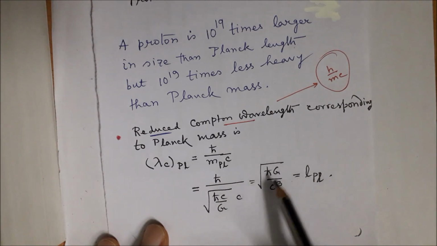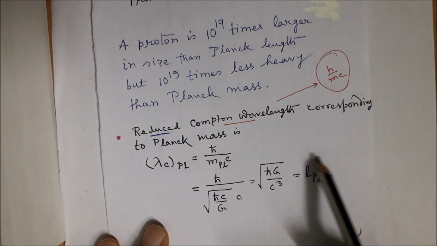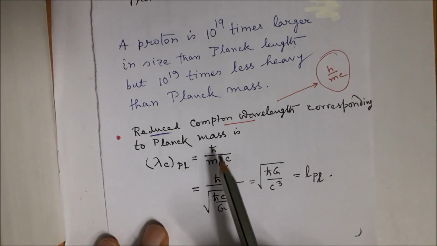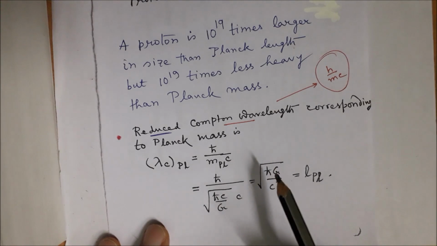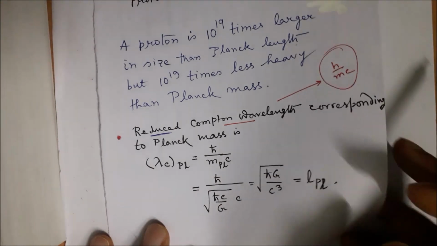We end up with under root h cross G by c cubed, which is actually Planck length. So this is one significance of Planck length, that it represents the reduced Compton wavelength of Planck mass. We'll soon come to the most interesting part of the discussion, which is the significance of Planck units.